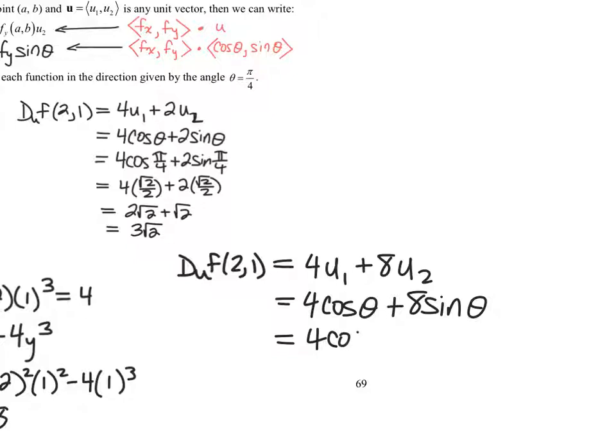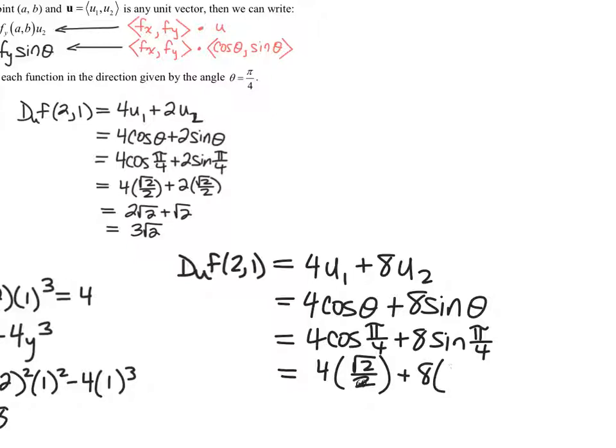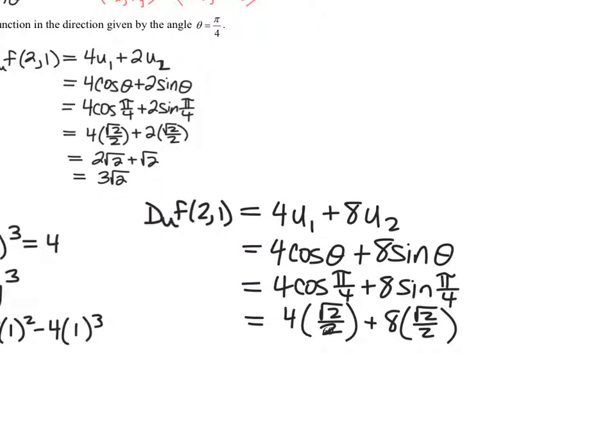So 4 cosine pi over 4 plus 8 times the sine of pi over 4. That's going to be equal to 4 times square root of 2 over 2 plus 8 times square root of 2 over 2. So 2 rad 2 plus 4 rad 2 will give us 6 rad 2.